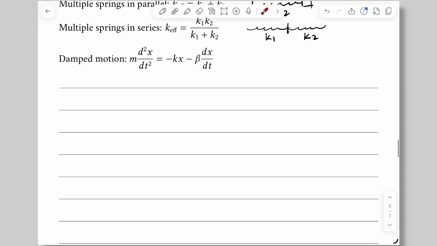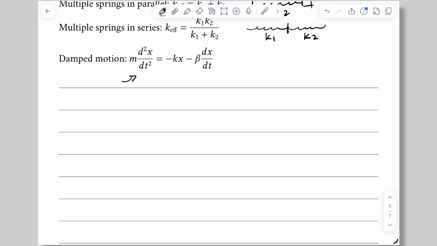For damped motion, this would be when you have a spring mass system in a medium that's providing resistance to motion, like a piston in oil or something along those lines, where the environment is imparting another force. Then we have m d2x/dt2 equals negative kx minus beta dx/dt.